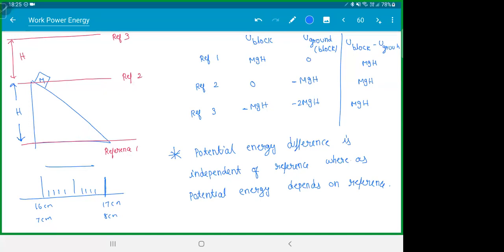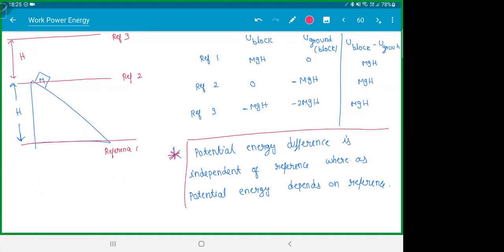It doesn't matter what you take as a reference or anything, the distance is always 1 centimeter. But the reading will change depending on what I'm choosing here. If I choose 20, I get 21. If I choose 10, I get 11. If I choose 25, I get 26. But the difference is always 1. So the potential energy difference is independent of reference line, whereas potential energy depends on the reference line.